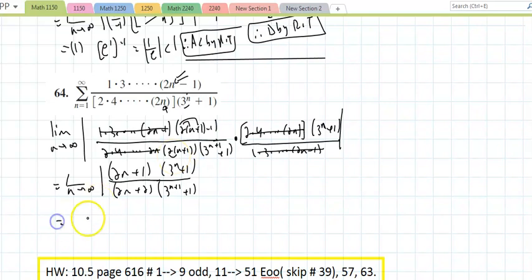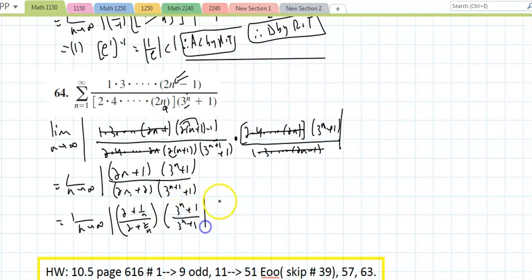So, limit as n approaches infinity. For this piece, I'll divide by the highest power term of the denominator. And for this piece, let me think how I'm going to do this. Yeah, I guess I'll use L'Hopital on that. So if I continue this right here, this will be 0, this will be 0.